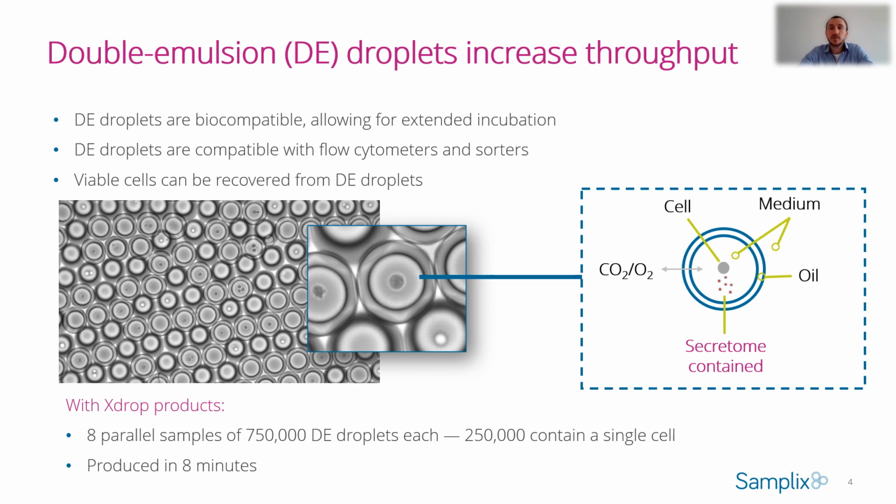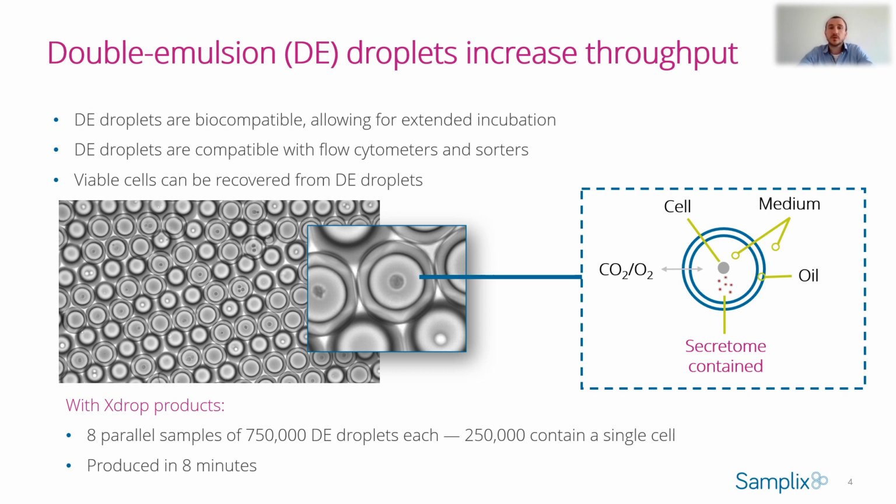So in this type of double emulsion droplets, where you have medium on the inside and on the outside, and CO2 and O2 permeable across the membrane, this allows for extended incubation times, and the platform also allows for analysis using standard flow cytometers and sorters or microscopy, for example.